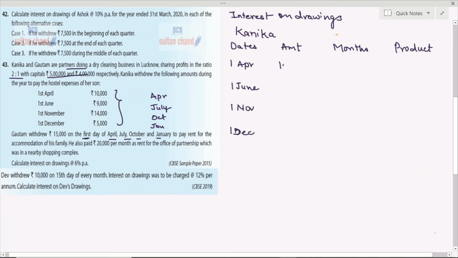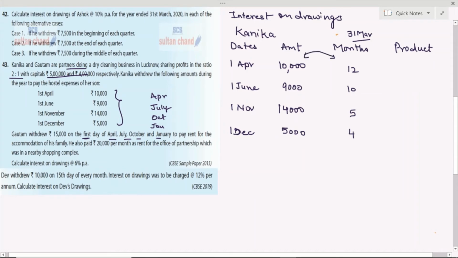So this is 10,000, 9,000, 14,000, and 5,000. Now, if I take the months here, again I'm going to compare these all with 31st of March. So these are 12 months, June to March 10 months, November to March 5 months, December to March 4 months. Now, what I need to do is multiply these two.